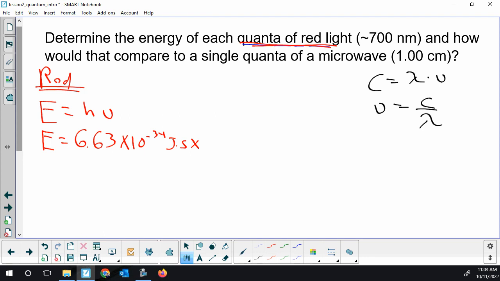That will tell us that. So the speed of light, 3.00 times 10 to the 8 meters per second. And we're going to need the wavelength in meters. We can't mix our units. So we have to think of what nano means.